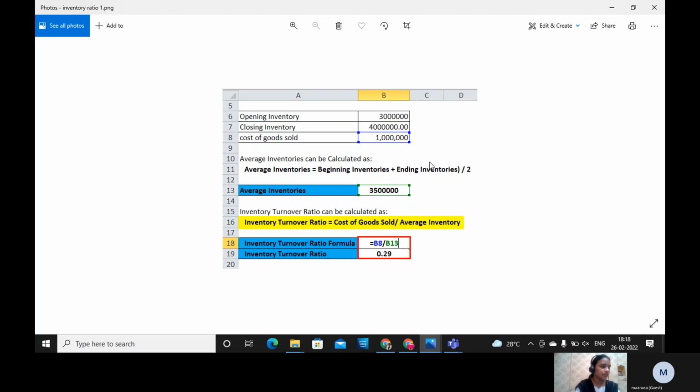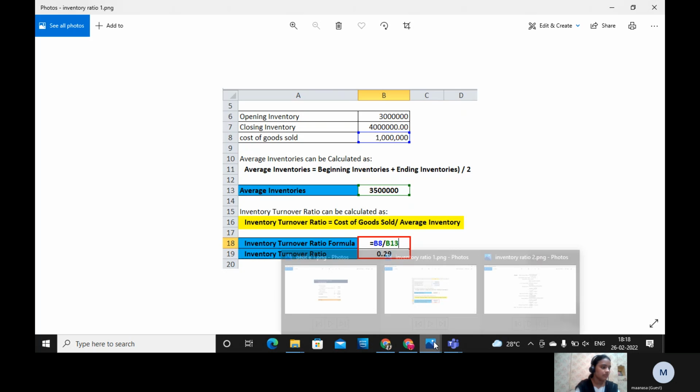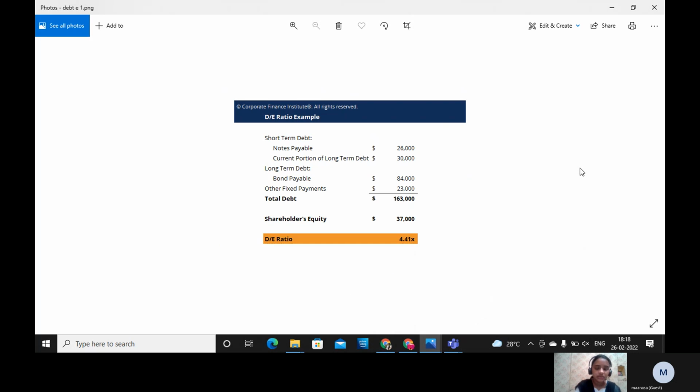The next example would be the debt equity ratio. In this sum, debt equity ratio can be calculated as debt by equity. Equity is nothing but shareholders' capital. Debt is short-term debt plus long-term debt.